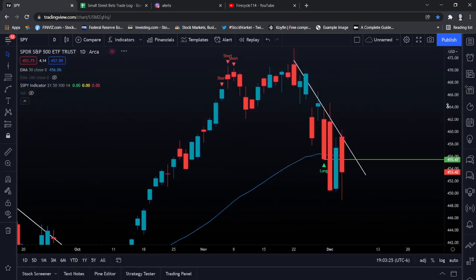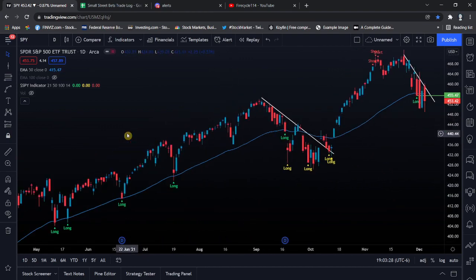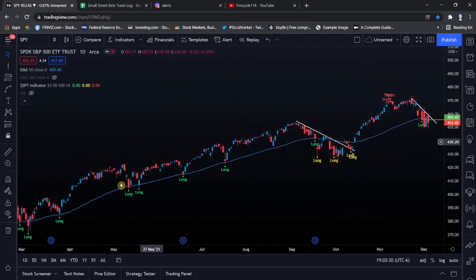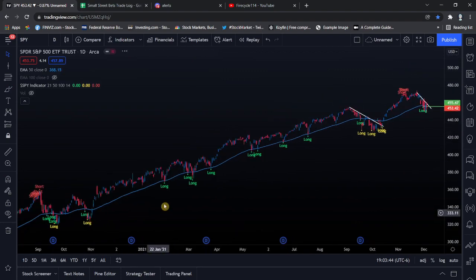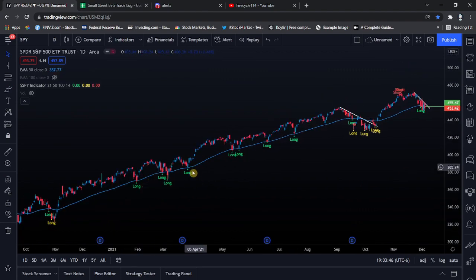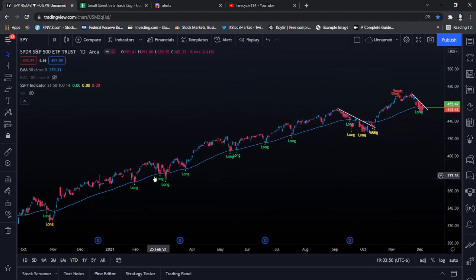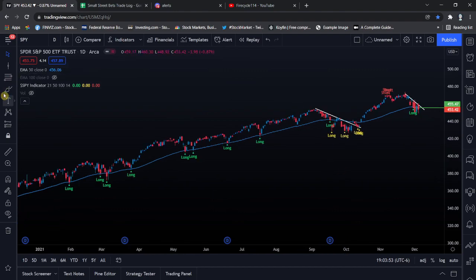Why did I get that? Well, it was from the SPY indicator, and what we can see is that the 50 EMA is a major support level for SPY, and I played that bounce coming in. Another interesting fact is that overall we have 10 alerts, and of the 10 alerts, only one of them was actually wrong, which was this one in September, which is pretty cool.